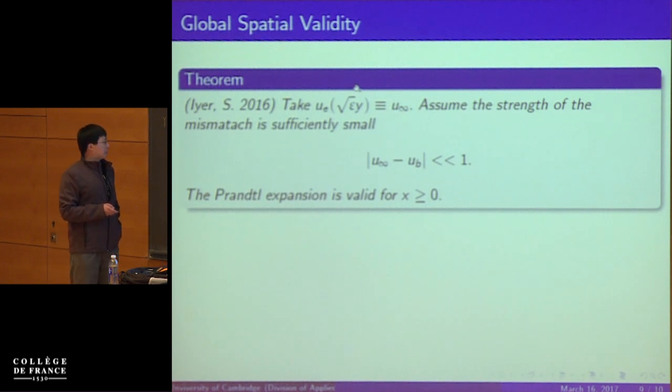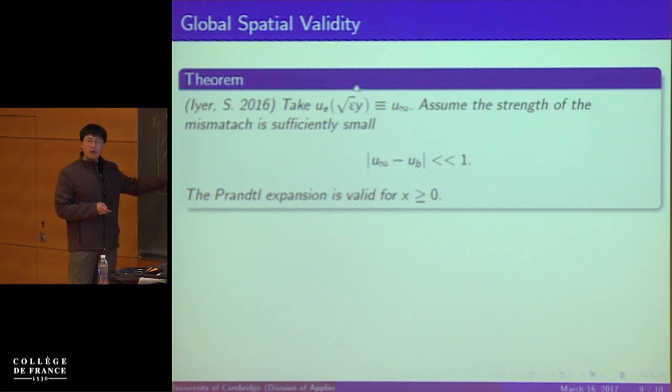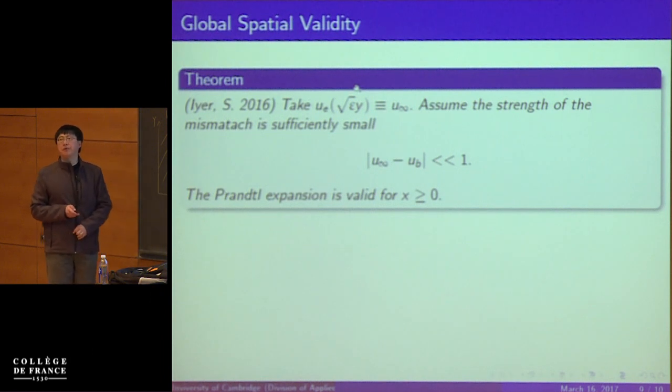So the next theorem is about so-called global validity in space. We know that when L is small, we can show the validity of the Prandtl layer theory. Clearly when the mismatch is small, L can be big. But the question is whether or not you can move on forever, whether or not the Prandtl layer theory is valid globally.